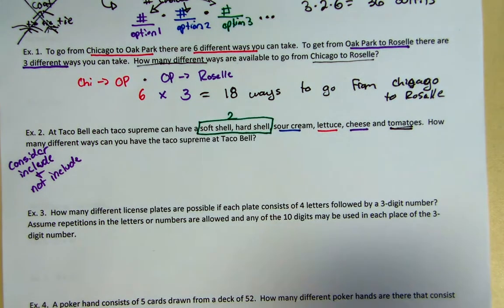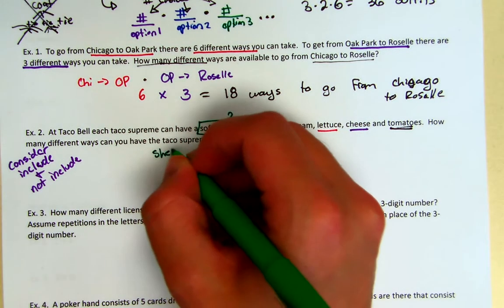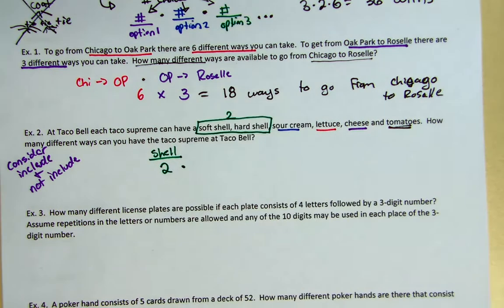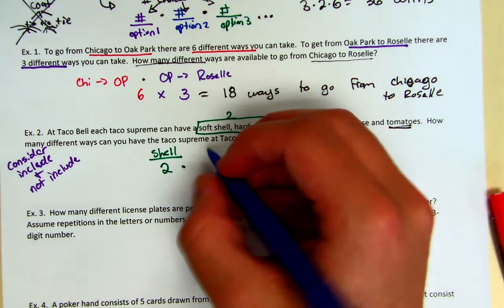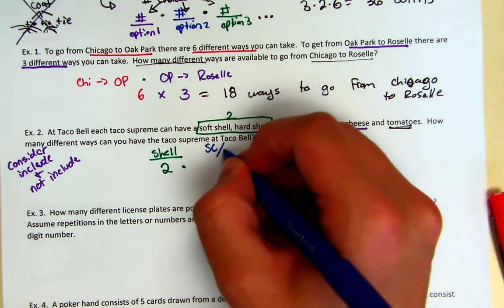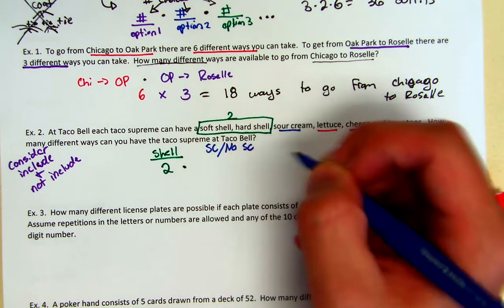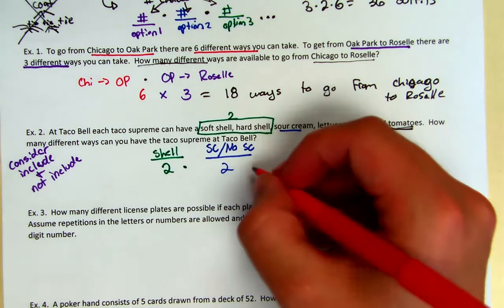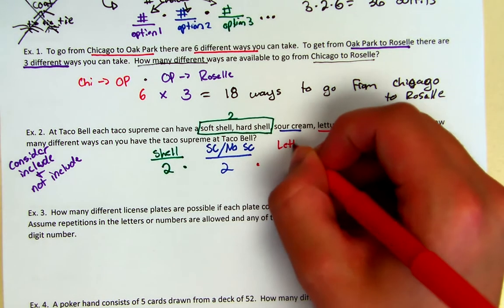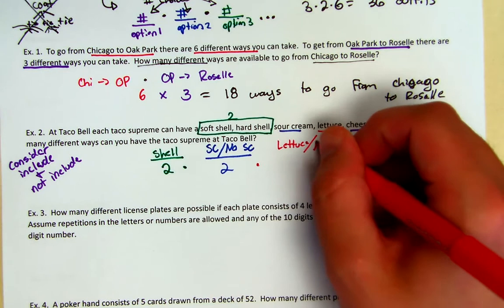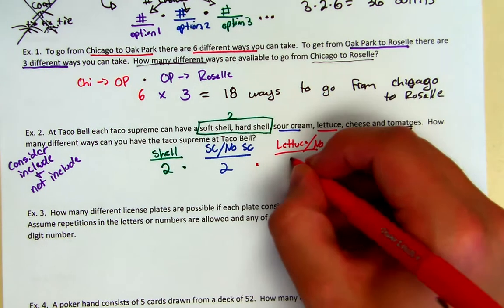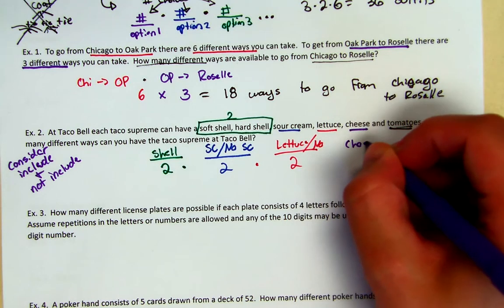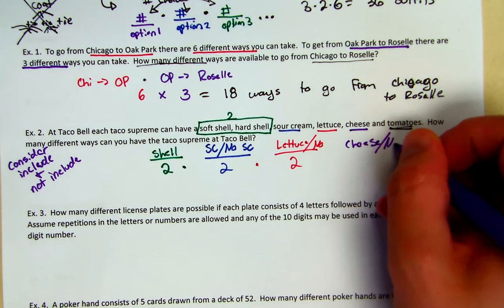So let's think about this. We have the shell. We have two options for the shell. We can have sour cream or no sour cream, because not everybody likes sour cream. We can have lettuce or no lettuce, so that's two options. We can have cheese or no cheese.